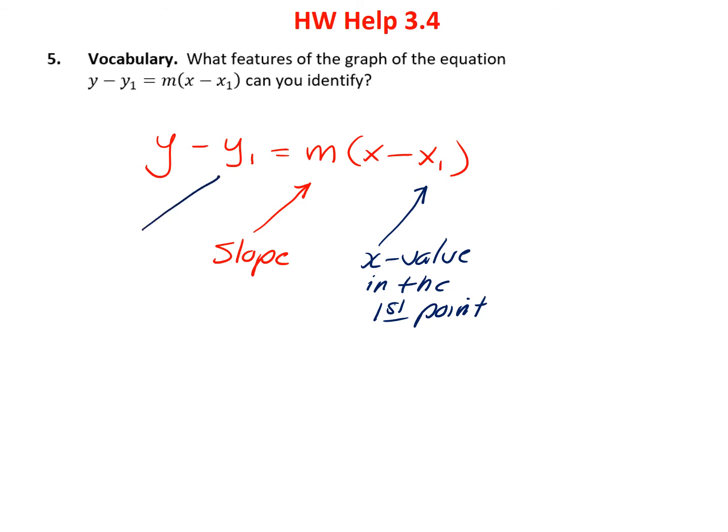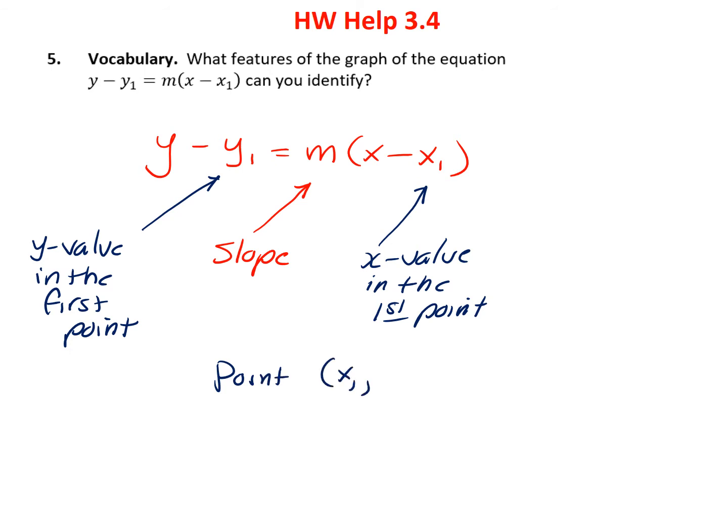And likewise, this is the y value in the first point. So when I see this equation, it tells me that it goes through the point x1, y1, and it has a slope of m. That's what those things mean. The x and the y are just the general variables in our equation.